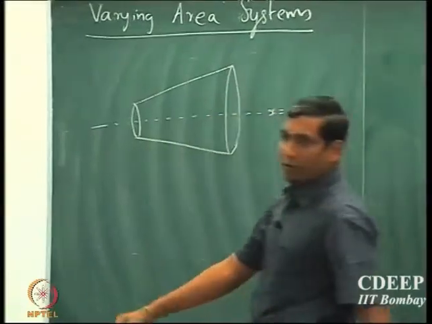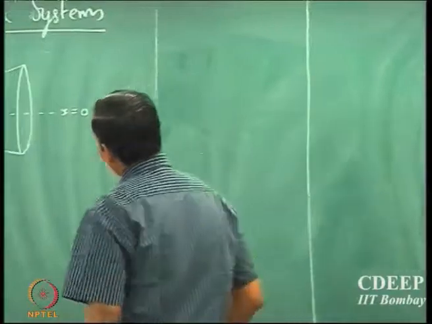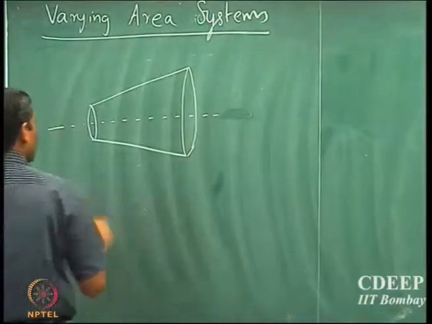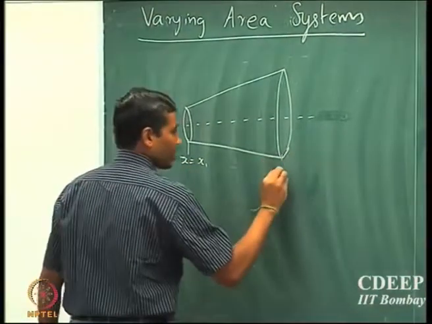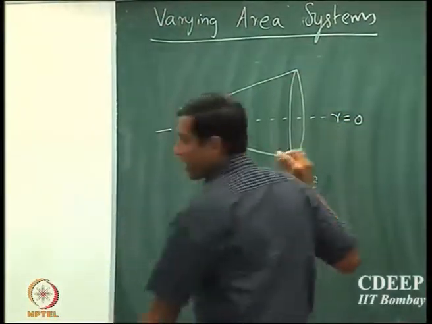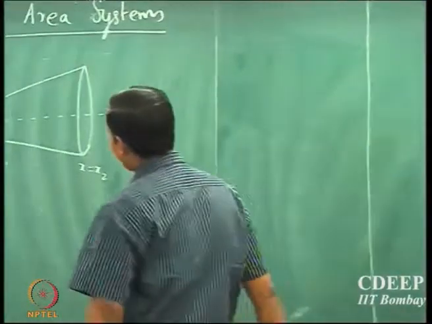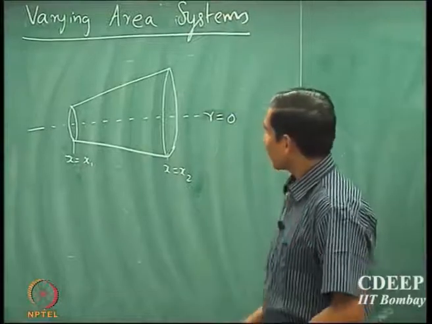I want to know what is the heat being transported from, let me call this the x direction, x equal to x1, x2. I wanted to call it radius. So that is the center, so the radius is 0. I want to know what is the amount of heat that is transported from x1 to x2.